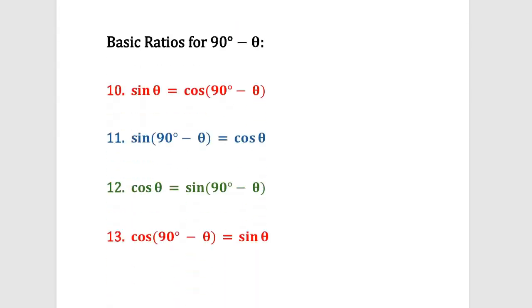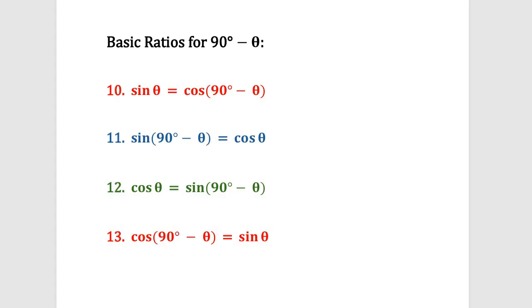Now we'll see basic ratios for 90 degree minus theta. First we'll see the relation between sin theta and cos theta. Formula number 10, sin theta equals cos 90 degree minus theta.